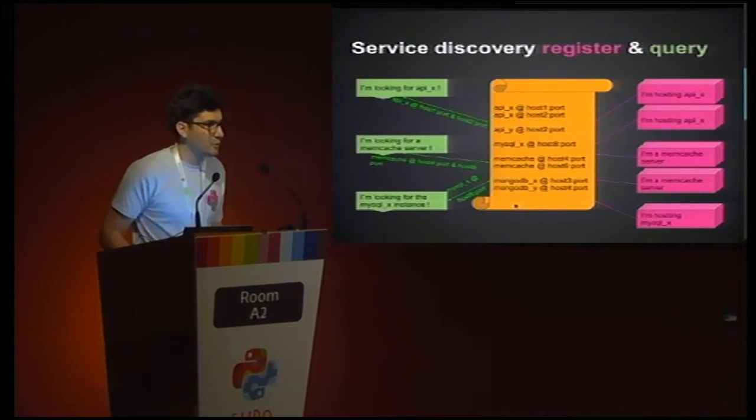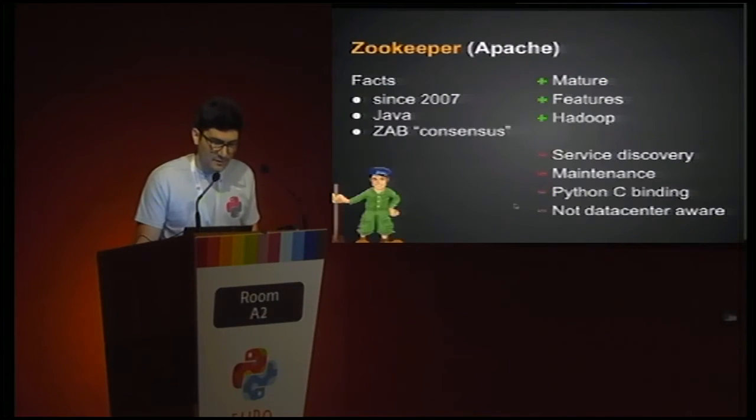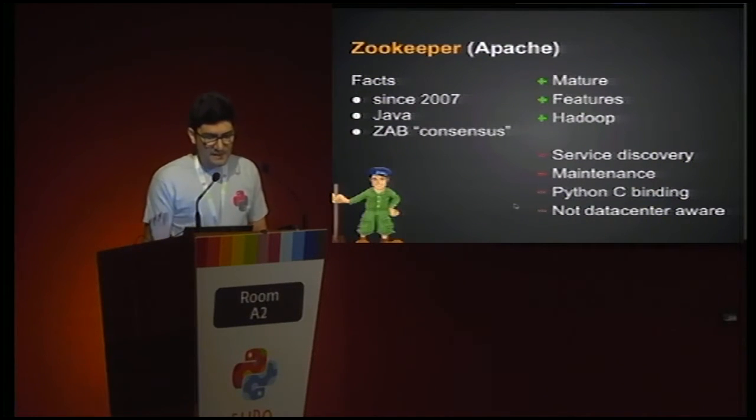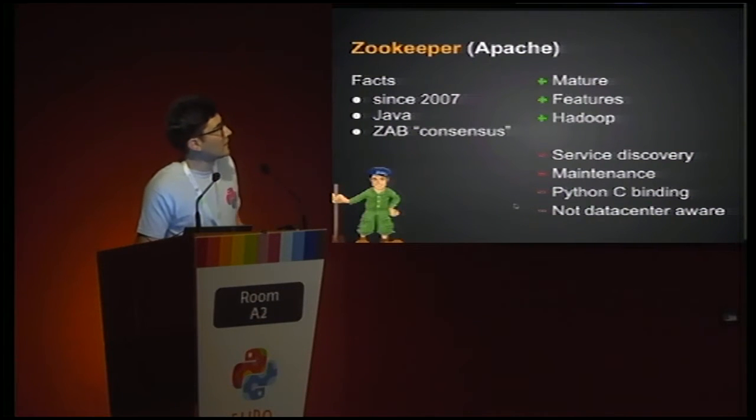Now let's take a quick tour of the three technologies I will cover here. The first one is the oldest one. It's named Zookeeper. It's from the Apache Foundation. Zookeeper is firstly designed as a reliable cluster coordination. It's used mostly and mainly in Hadoop.